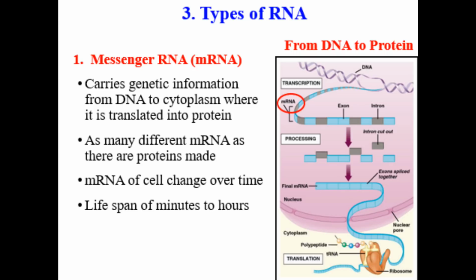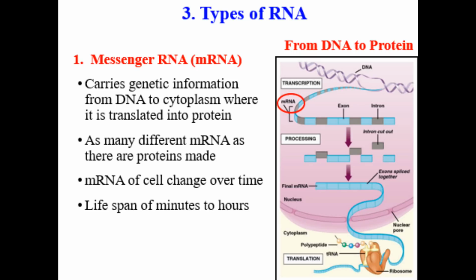And then once it's made, there's some alterations that take place before it leaves the nucleus. But when those alterations are done, you can see these things being spliced out and the messenger RNA being modified. If you look at that figure, you make messenger RNA. It's got these blue parts and these gray parts in this diagram.